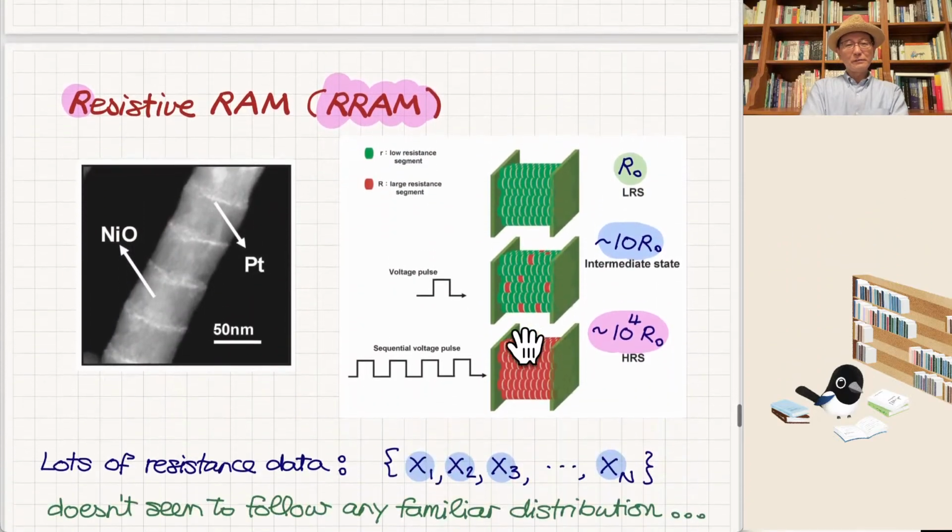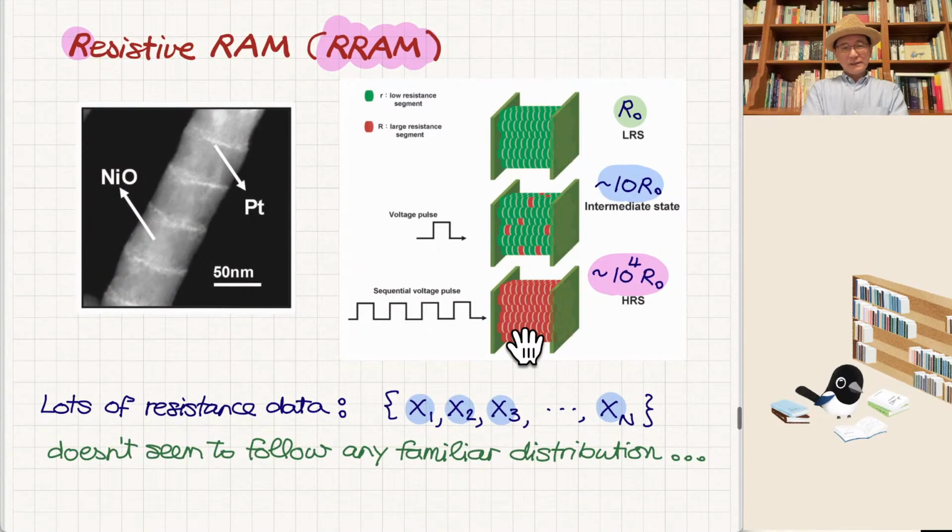This really reminds me that several years back, during a chat with my collaborators, we talked about what we call resistive RAM, RRAM. The resistive RAM is a multi-layer structure like that. You have nickel oxide and platinum, and nickel oxide is insulating. You try to pass through some current pulse, and you find something truly interesting.